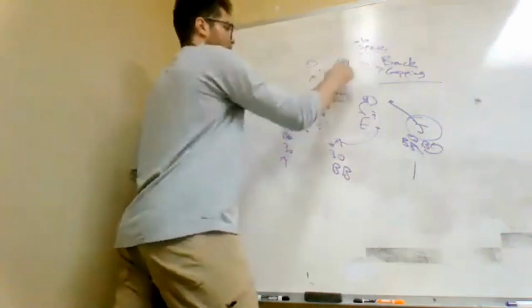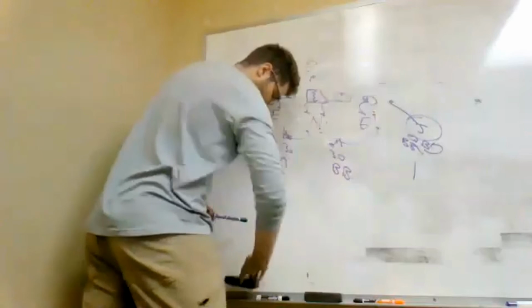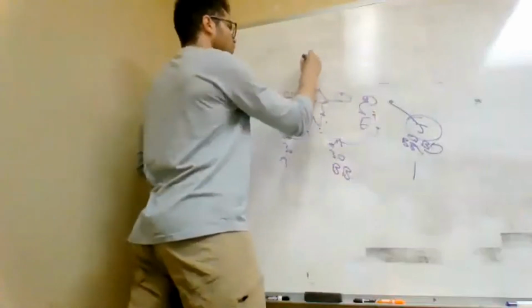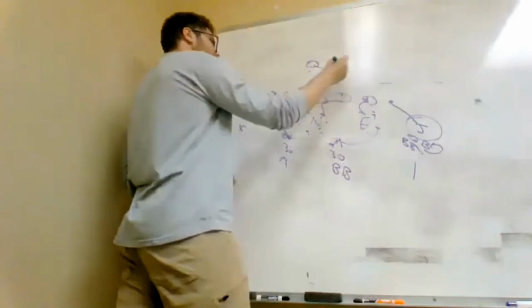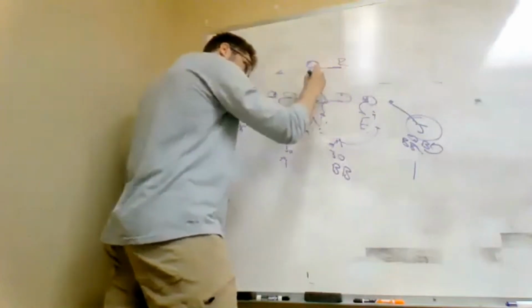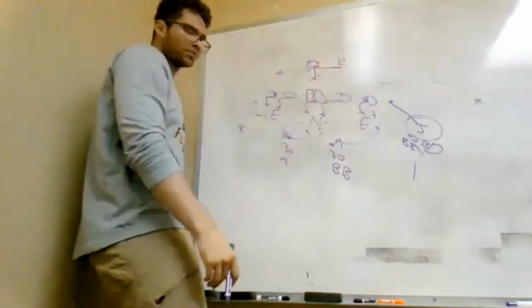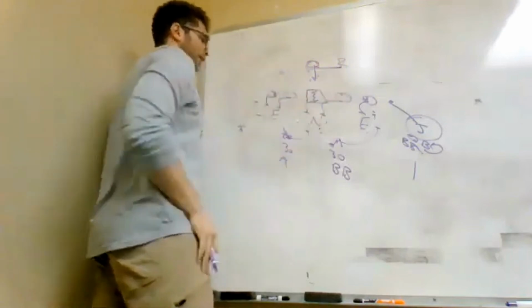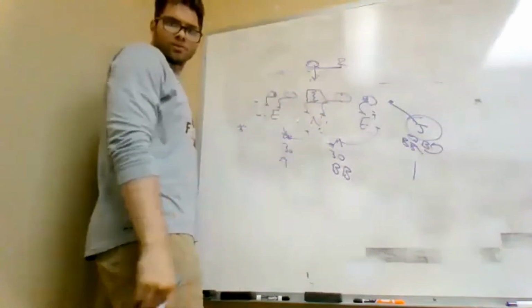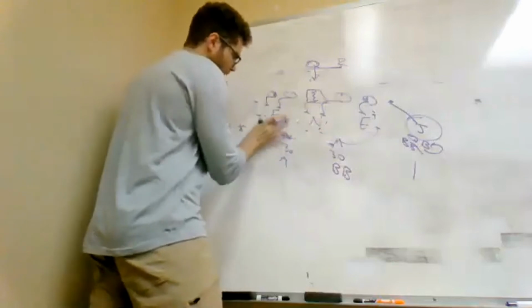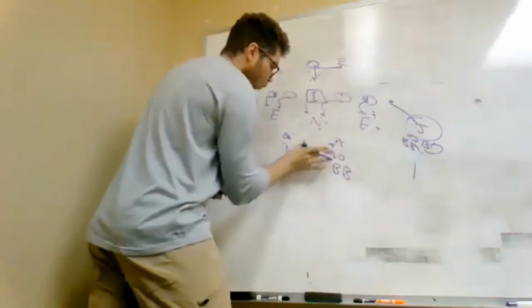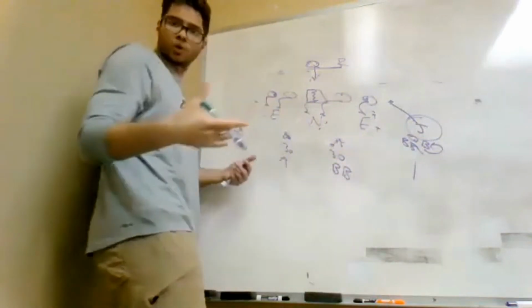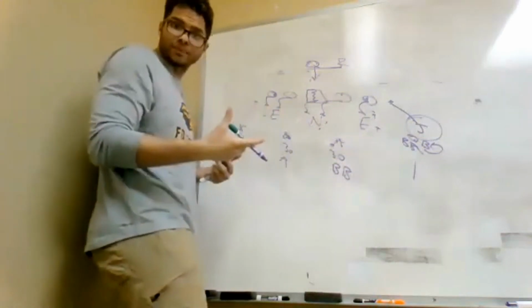So with that in mind, I'm going to run the same concept. And now we're going to run what some people call bash dash, where the quarterback's the run element on inside zone, and the running back's the outside element, right? Well, who is the quote unquote quarterback and who is the quote unquote dive in the run game?